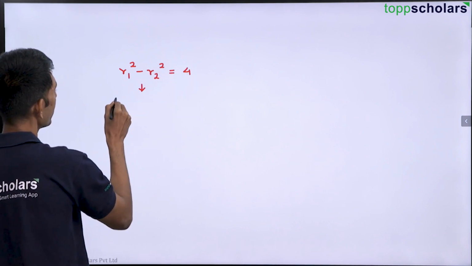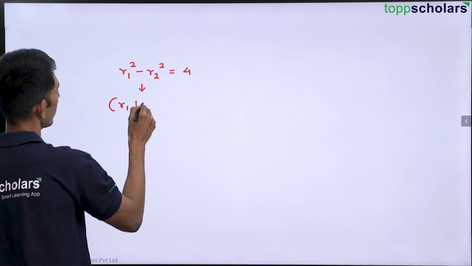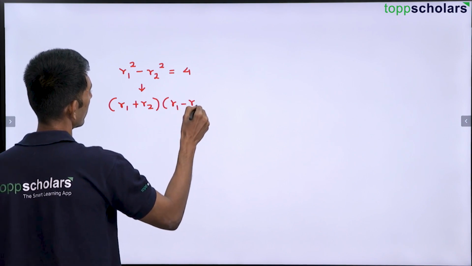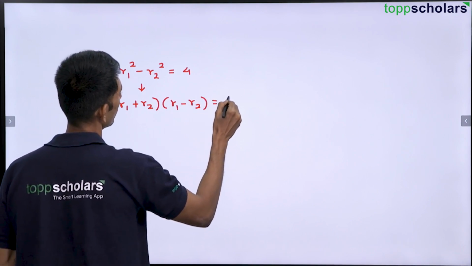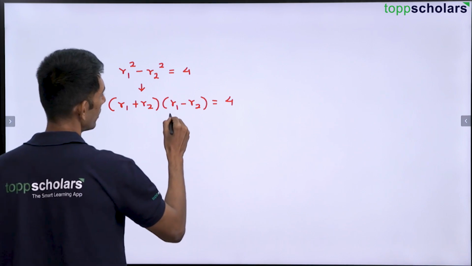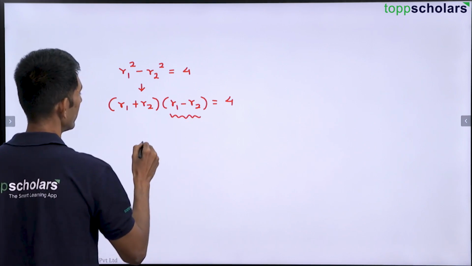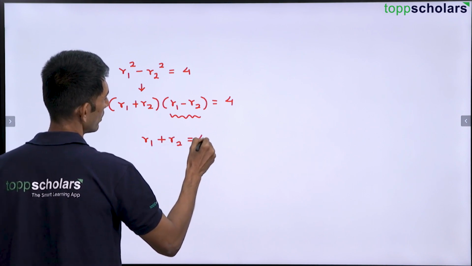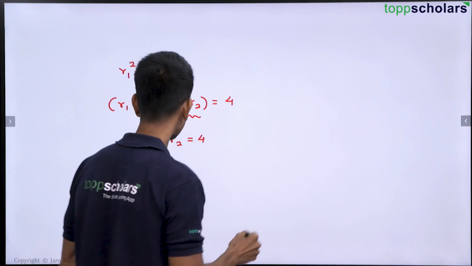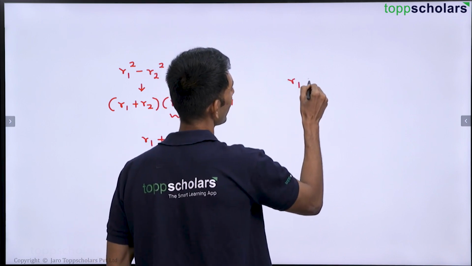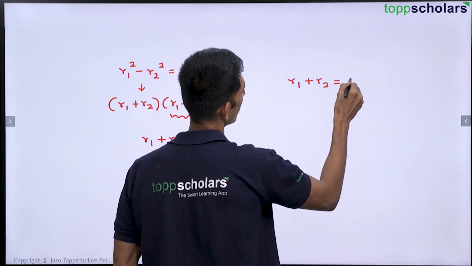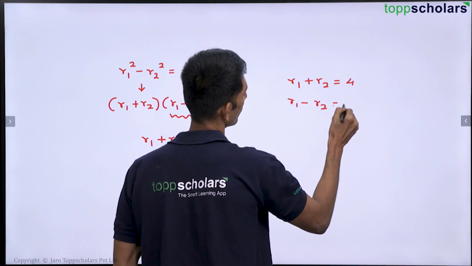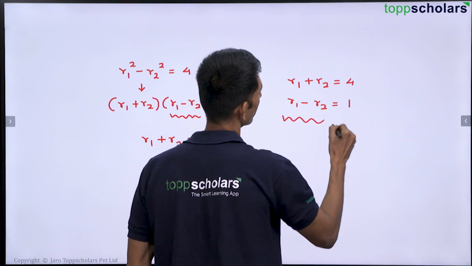Can we apply the identity here? Yes. A plus B, A minus B, that is R1 plus R2, R1 minus R2, that is equal to 4. But the difference is already given as 1. So can I say R1 plus R2 is 4. Now I know that R1 plus R2 is 4 and R1 minus R2 is 1, right?